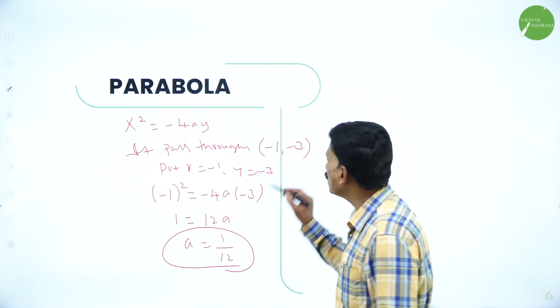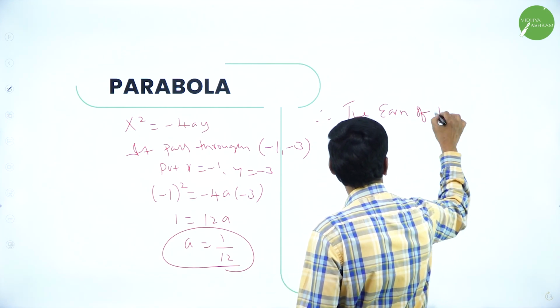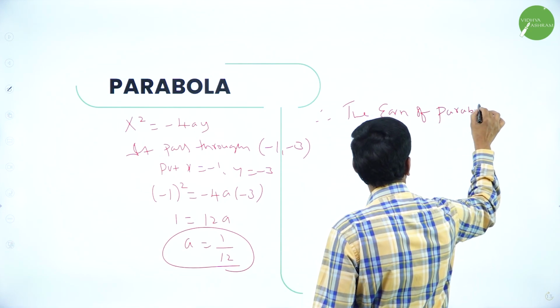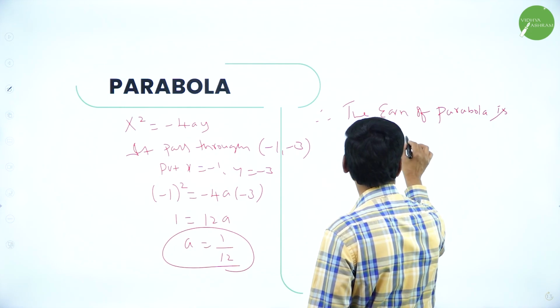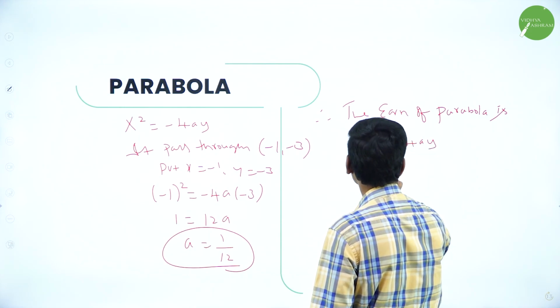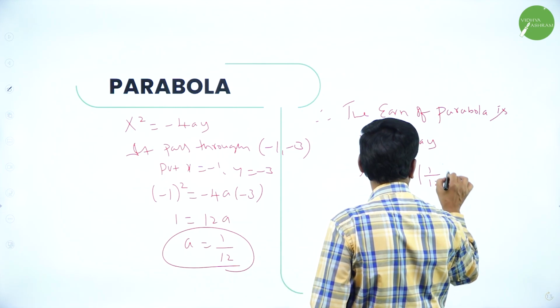Okay. So substitute here. Therefore the equation of the parabola is, what is the equation of the parabola? x square is equal to minus 4ay. x square is equal to minus 4 into what is a? 1 by 12 into y.